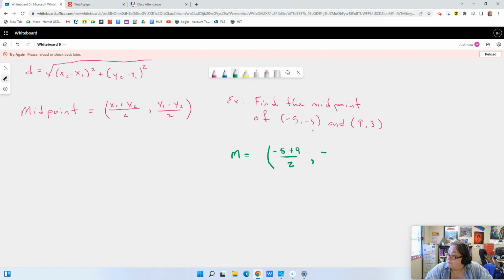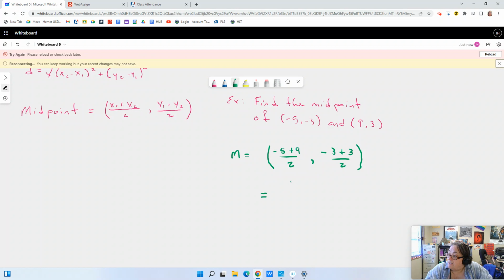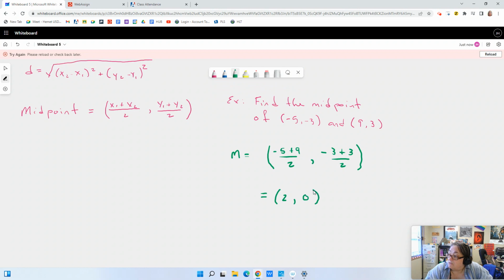And then the y values, -3 plus 3 over 2, would give me the y value. And when I reduce that, -5 plus 9 is 4 over 2. 4 over 2 is just 2. And then -3 plus 3 is 0. 0 divided by 2 is just 0.